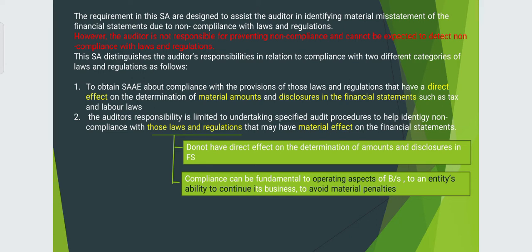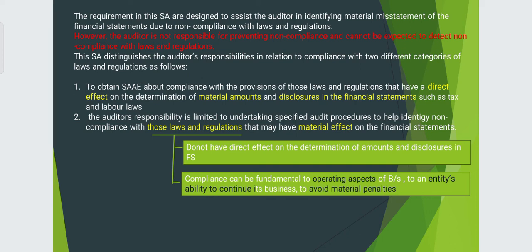So the first requirement I have stated is that the auditors have to ensure that the organization is complying with the provisions of laws and regulation that have direct effect on material amount. Material means significant amount, the amount that matters to the organization.